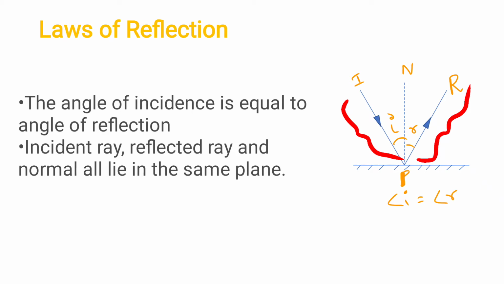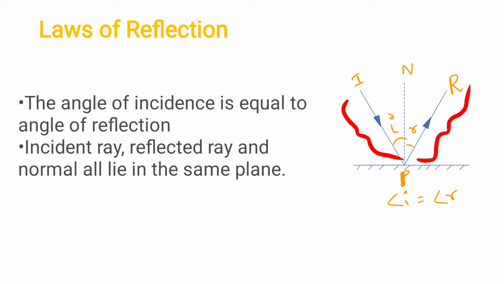Here this is the object on which the light is falling and then reflecting back. P is the point at which the light is falling, and the normal is perpendicular to the object. Normal is always perpendicular to the object.